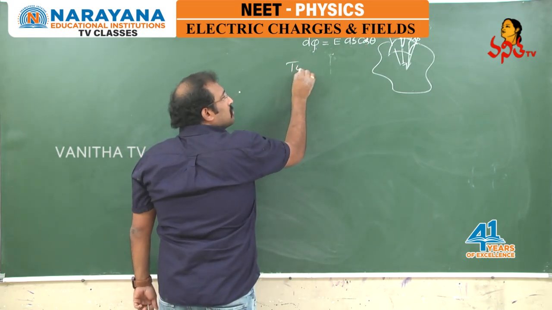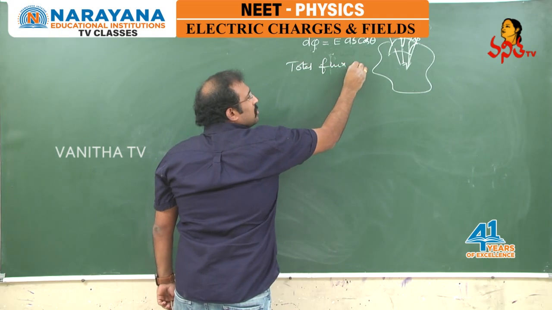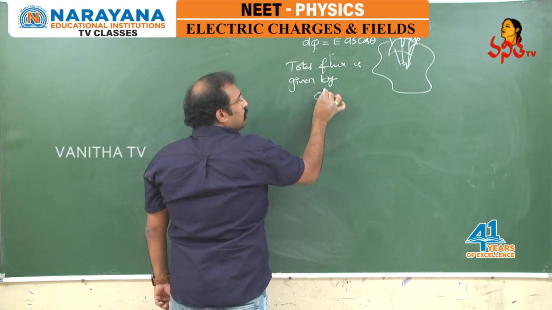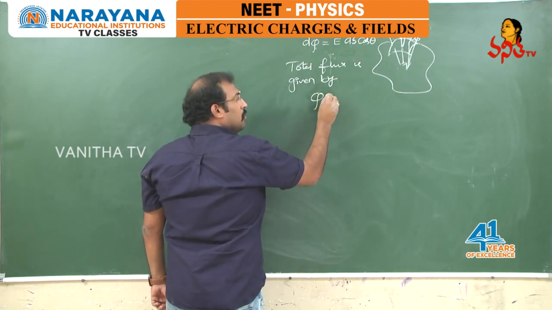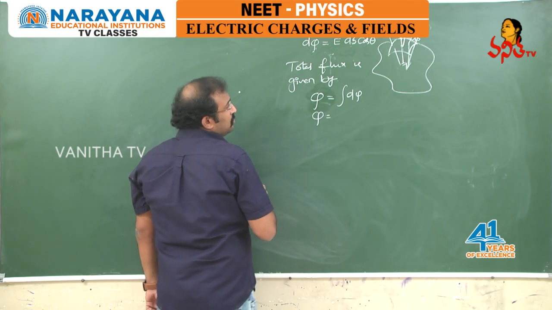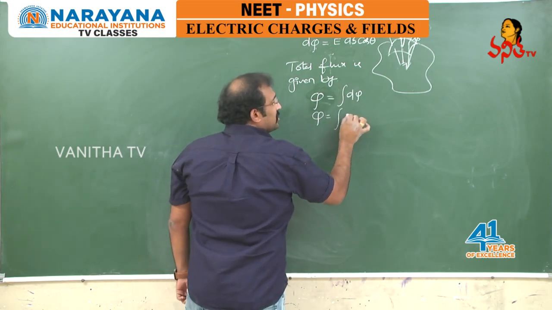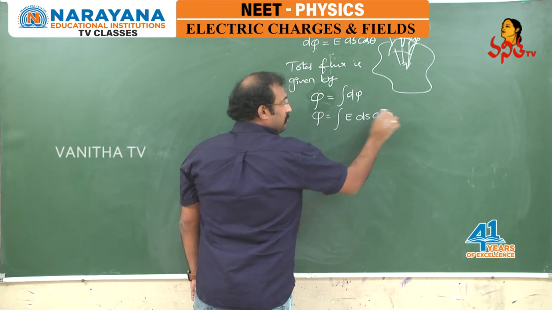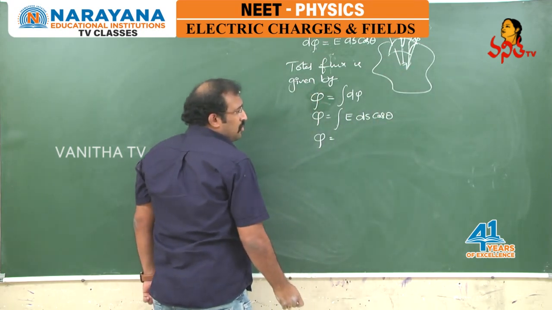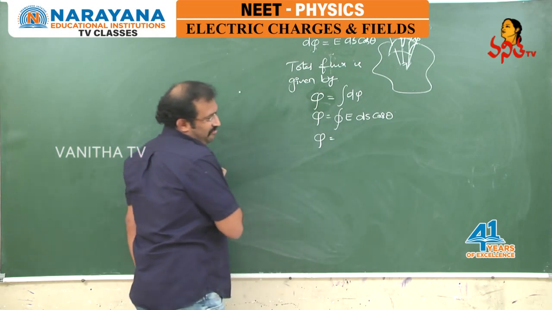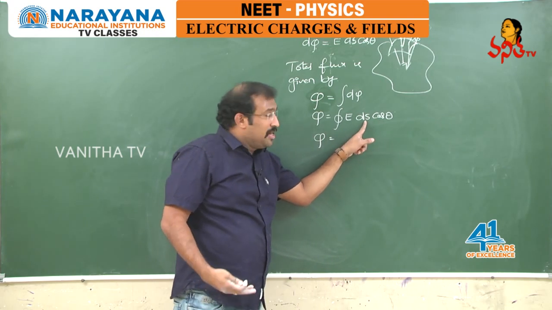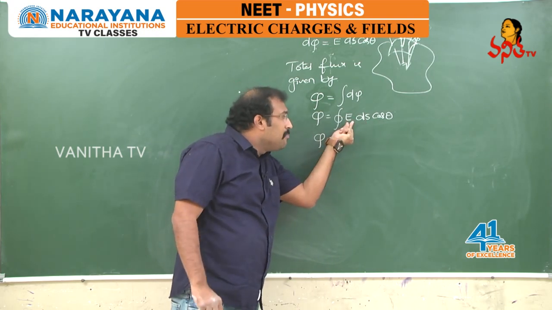Now the total flux is given by integrating the small flux. So total flux is equal to the integral of d phi, which is E dS cos theta. Since the charge is enclosed by this surface, I am writing this as a closed integral. Now E dS cos theta can be represented in vector form because dS is a small elemental area vector and E bar is also a vector.